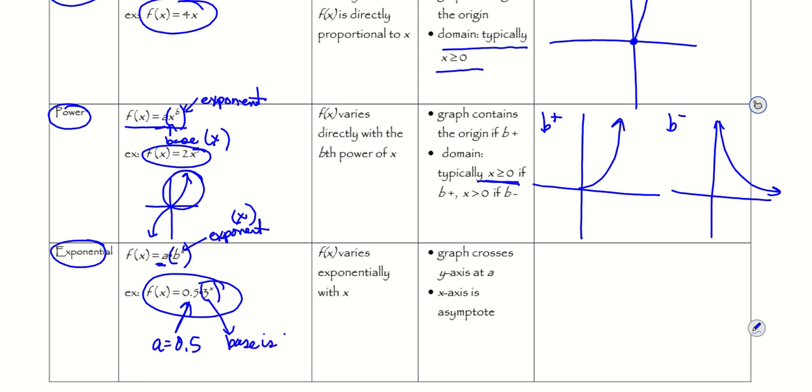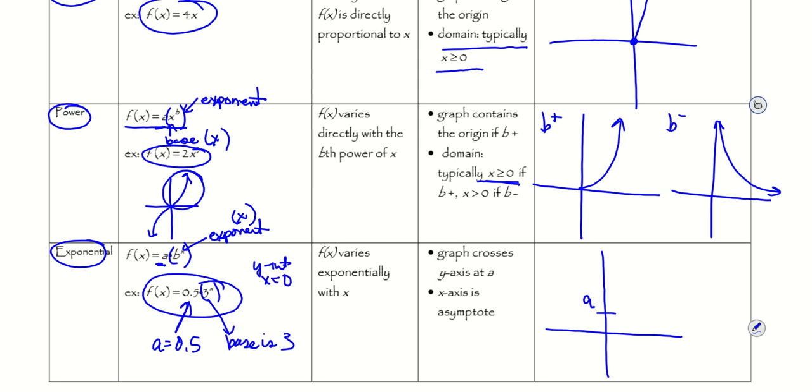The graph of an exponential function looks a lot like the graph of a power function, except it typically crosses the y-axis at a. Okay, let's think about why that would be. We know that our y-intercept is going to occur when x is 0.